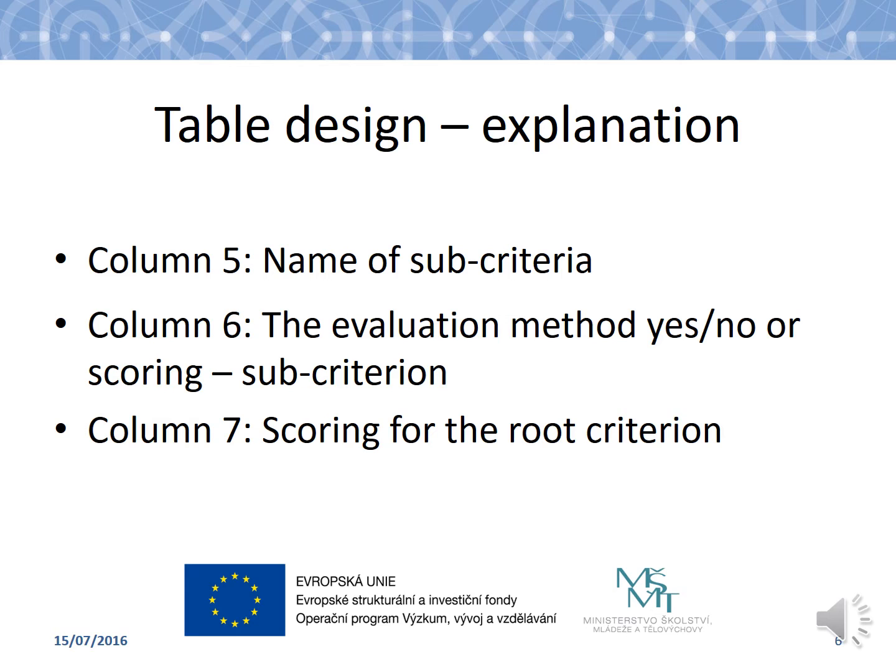Scoring indicates the maximum score a given sub-criterion can be given. Column 7, scoring for the root criterion, shows the total score of the given criterion. That means maximum score that could be received as a sum of score of sub-criteria or overall evaluation yes or no.